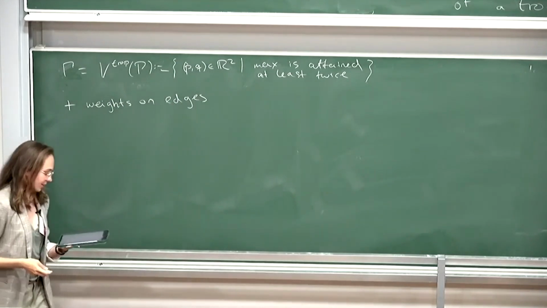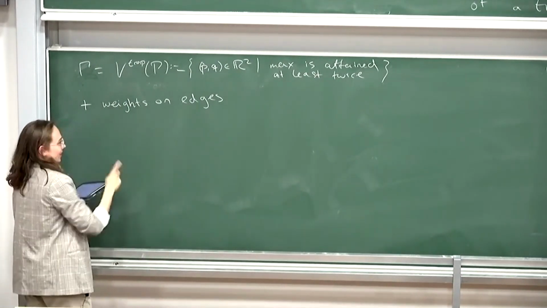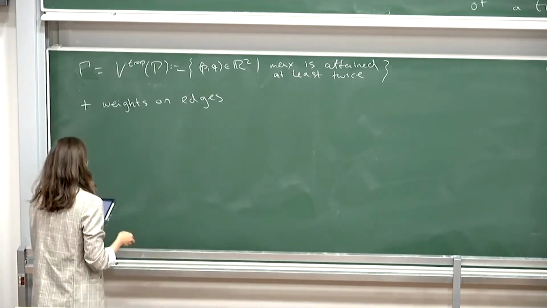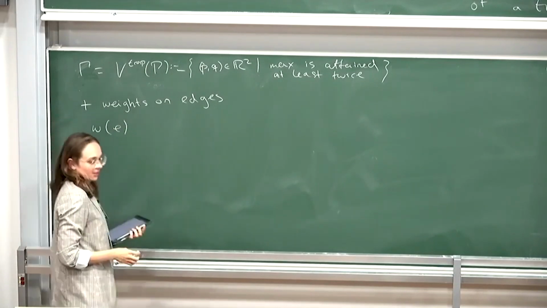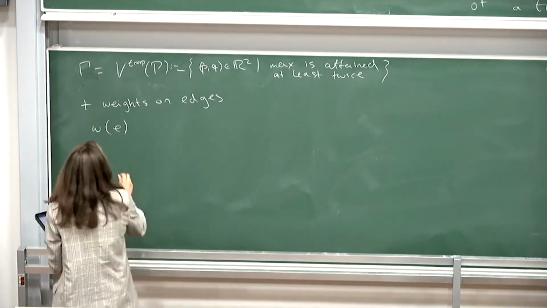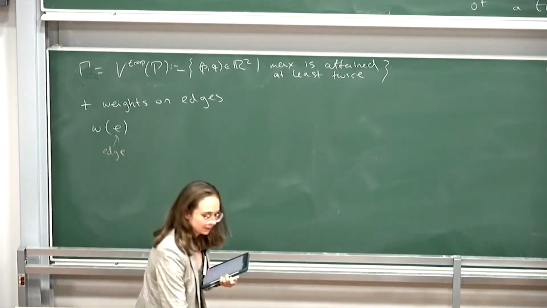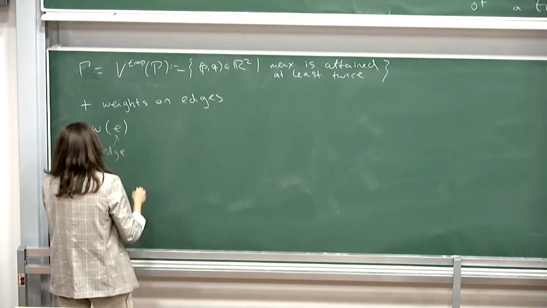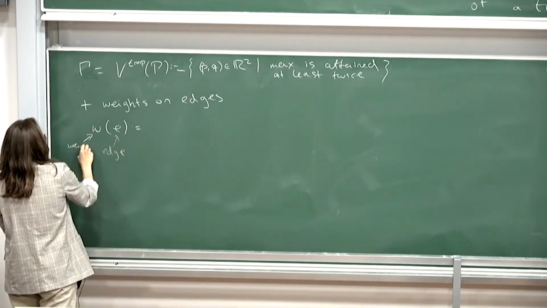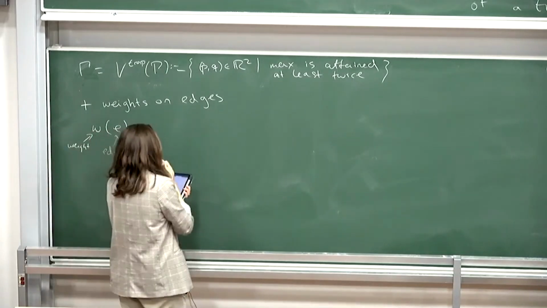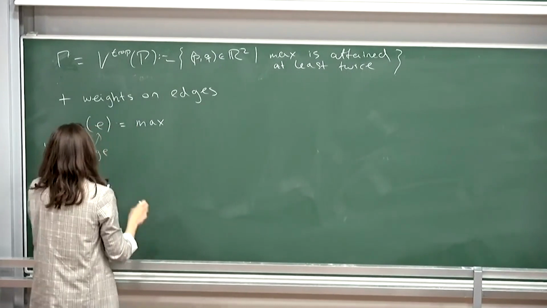Now the definition of the weights is a little complicated, so I'll write it down and then I'll do an example. So for an edge E of this graph, I define the weight to be the maximum of the following.